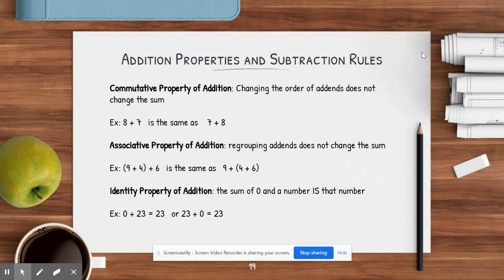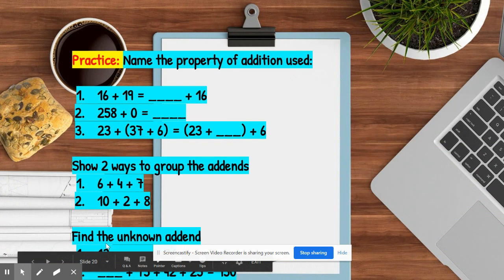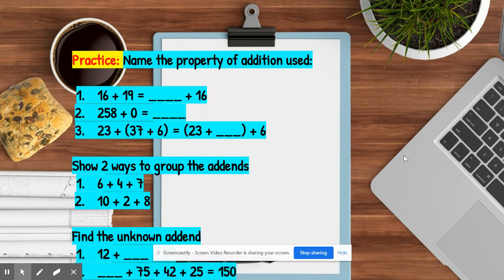All right, so let's try some. Here we go. We're going to practice. I want you to name the property of addition that is being used in each of these examples. The first thing you're going to do is fill in what's missing, because there is something missing in this number sentence, or this addition sentence, or this math sentence.